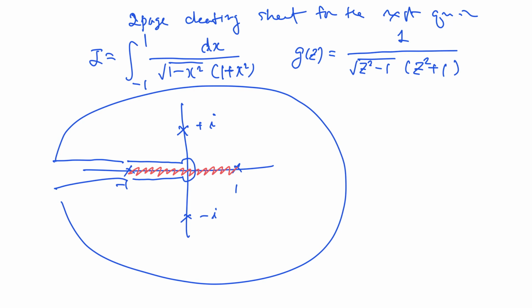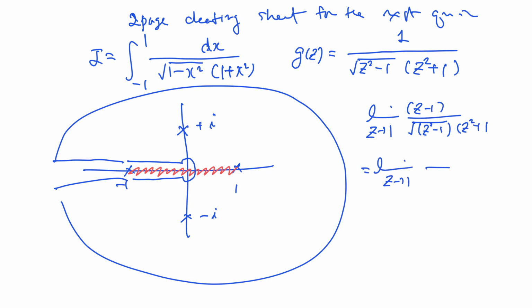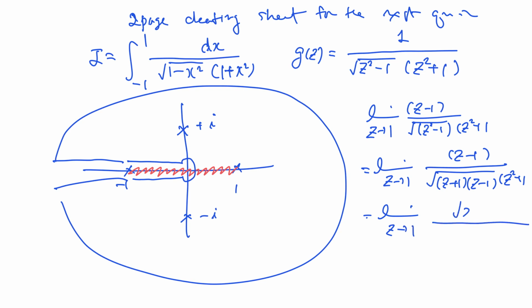So actually, plus minus 1 is not a singularity because the limit of z plus 1, z minus 1, root z squared minus 1 equals 0, right? So it's not a singularity.